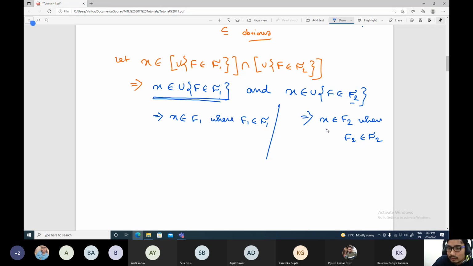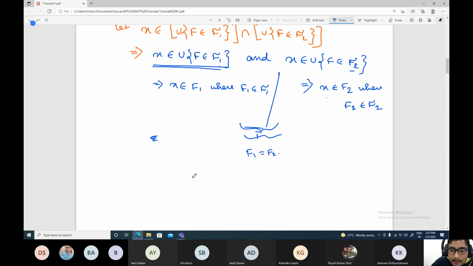Now we will use the concept of equivalence relation, that this F1 and F2 are actually equivalence classes. Then from these two arguments, what can you say? Can we always say F1 equals F2? Yes, sir. Why? Because equivalence classes are either equal or disjoint.